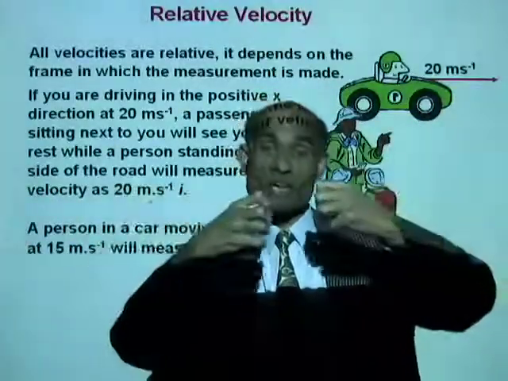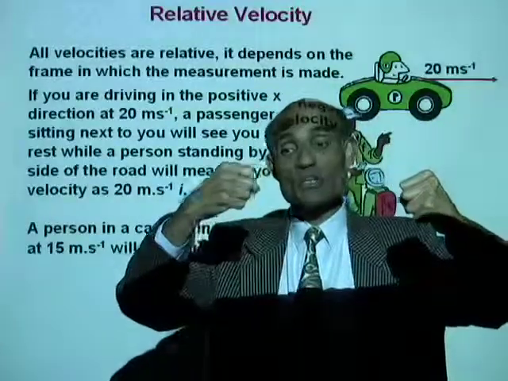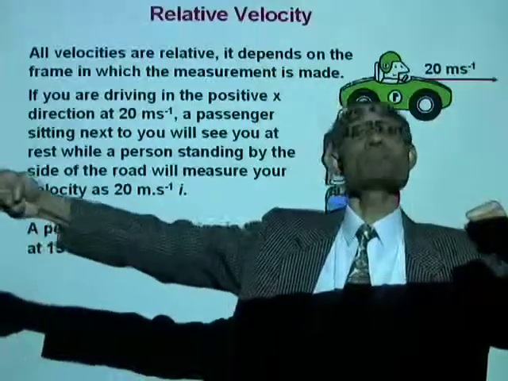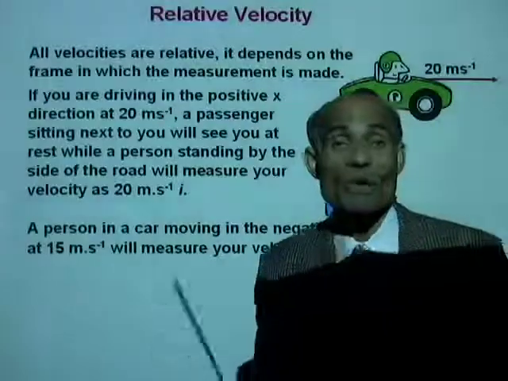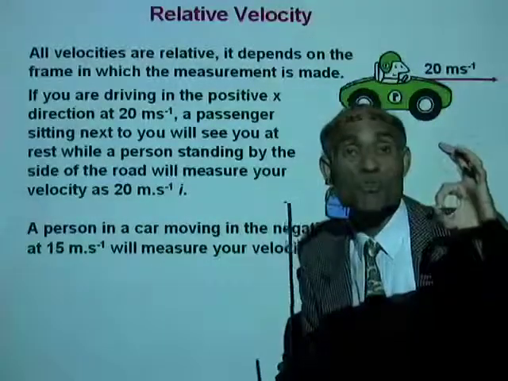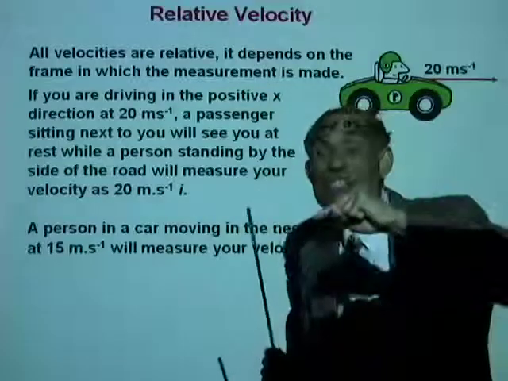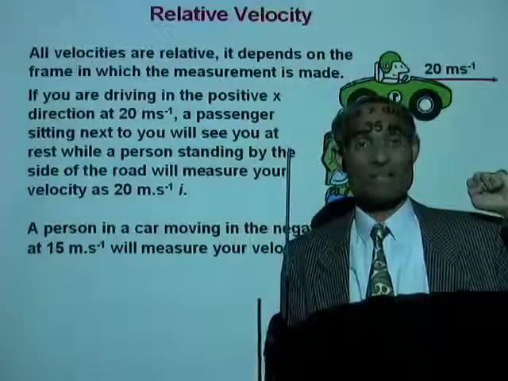And that is why we say the person in that car will measure your velocity as 35 meters per second. Now that means when that person measures your velocity, that is measured relative to his frame of reference. Is that right?